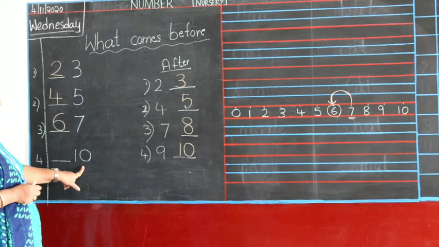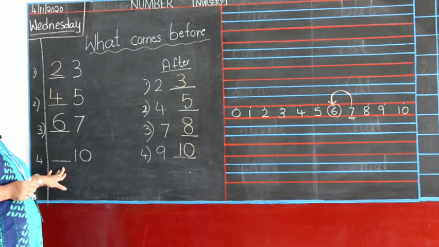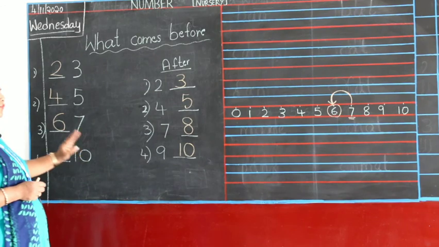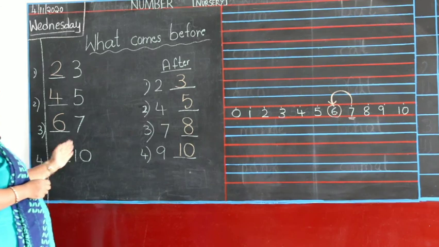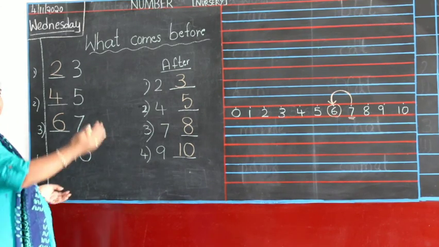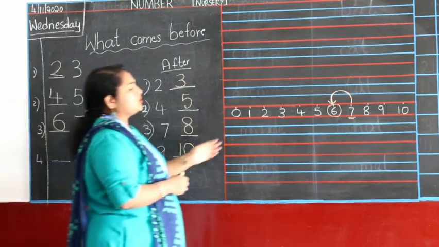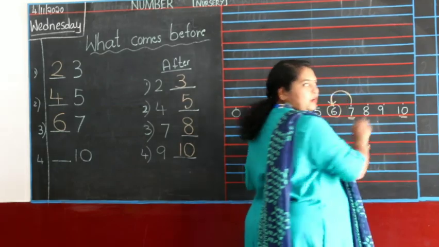Now we have a next question, that's 10. What comes before 10? So again it is on the left side. You have to move one number towards your left, that's backwards. Here you have 10 on your number line.